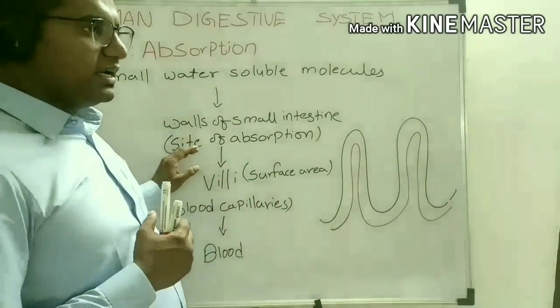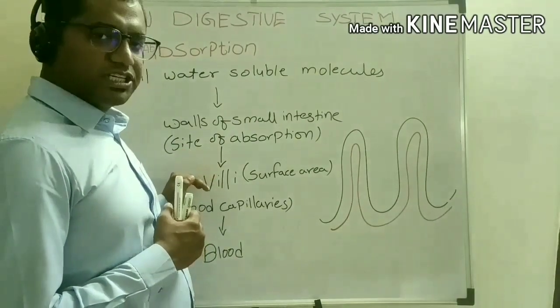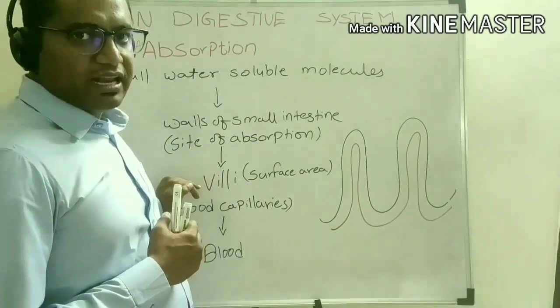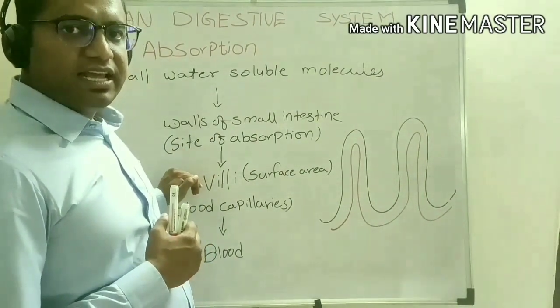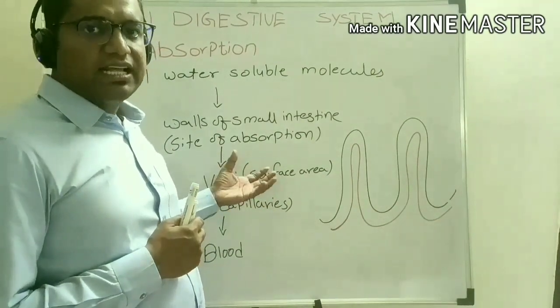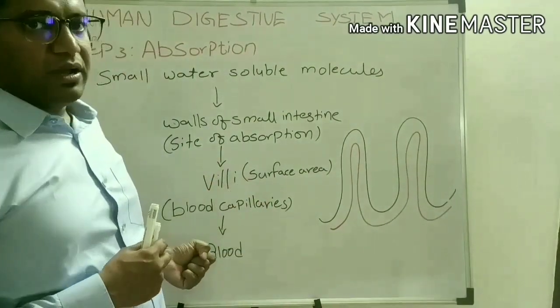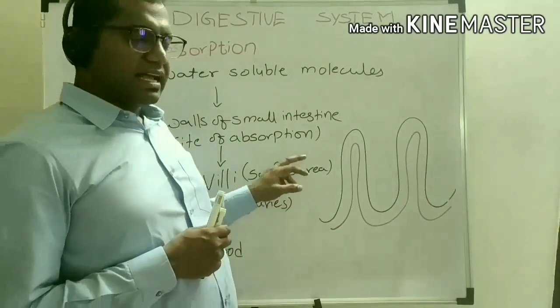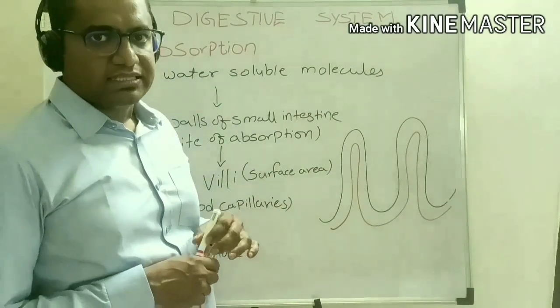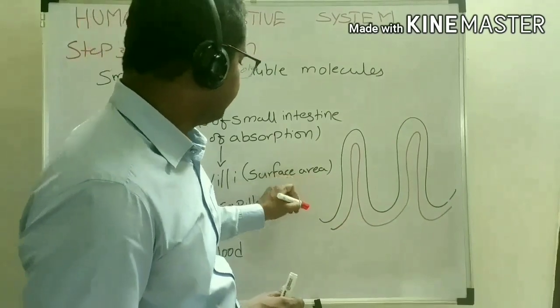The reason is that small intestine consists of small finger-like projections known as villi. The function of these villi is they increase the surface area and they facilitate the absorption of the food into the bloodstream. Here the villi consist of blood capillaries. Let us see a rough diagram of villi here.